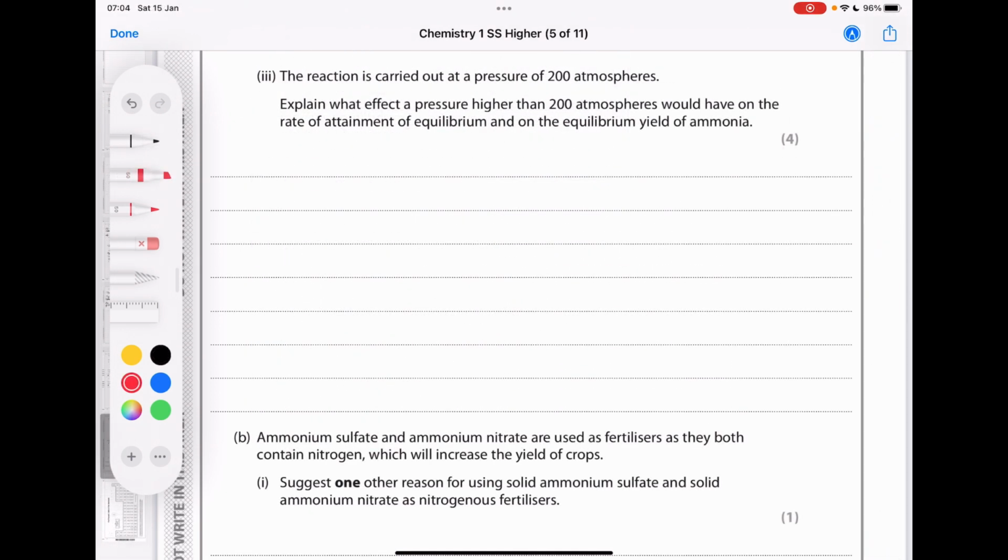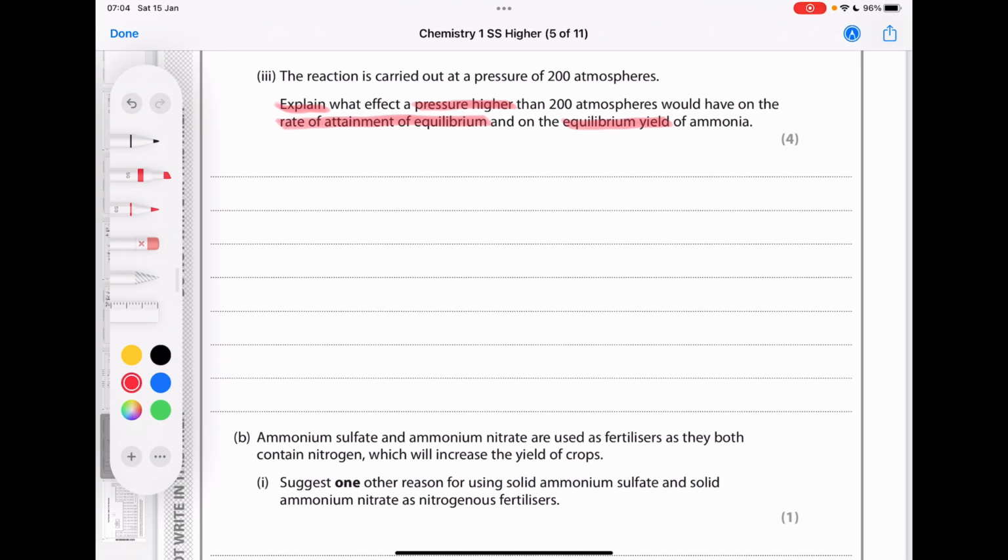Part 3 is about equilibrium again, and has asked you to explain, i.e. give a reason for, the effect a pressure higher than 200 atmospheres, so a higher pressure, would have on the rate of attainment of equilibrium and on the equilibrium yield. There's 4 marks for this.